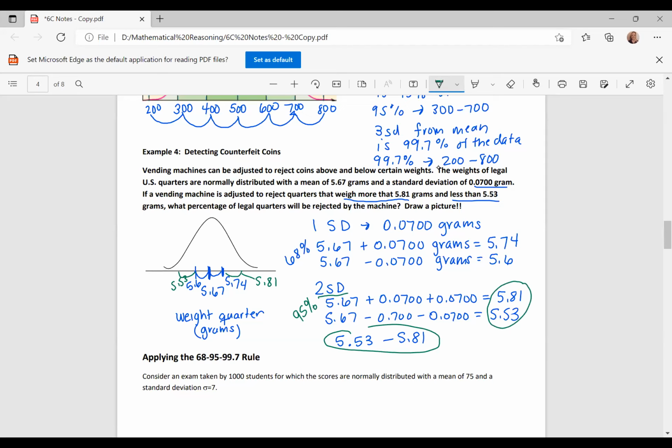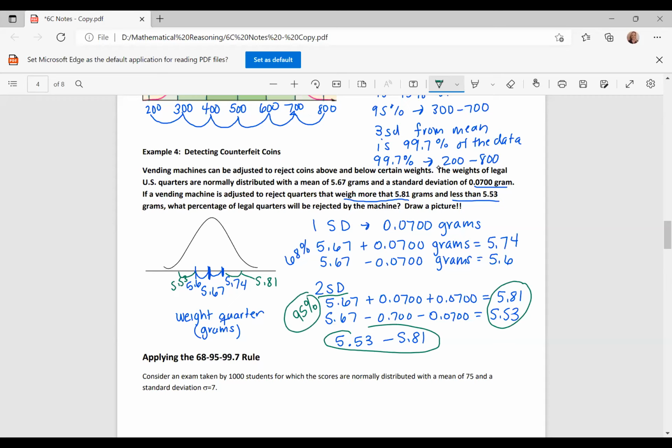Now let's make sure that we're answering the question. If a vending machine is adjusted to reject quarters that weigh more than this and less than this, what percentage are we rejecting? If they weigh between 5.53 and 5.81, which is 95%, we are not rejecting them.